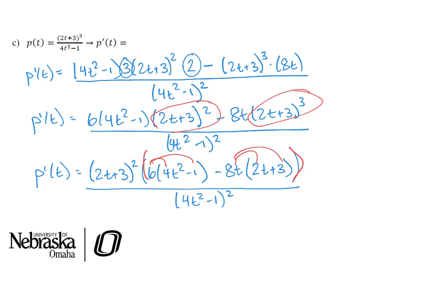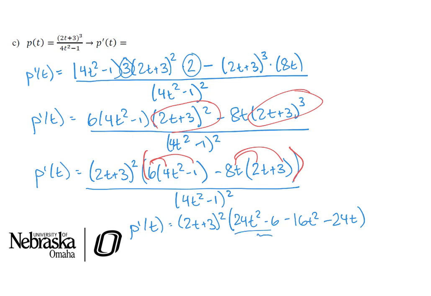So I'm going to have to start writing a little smaller here. So we have (2t plus 3) squared times 24t squared minus 6 minus 16t squared minus 24t. Now I'm not going to write the denominator for the sake of room. So we have (2t plus 3) quantity squared.